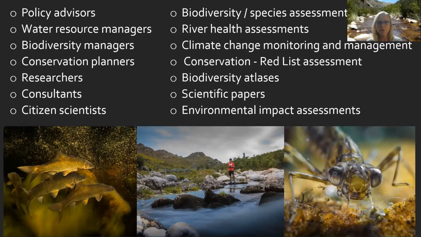It can be used for conservation, especially like red list assessments. Atlasing, we need to know which species occur in which parts of the country. Obviously, data is used for scientific papers, as well as things like environmental impact assessments. I'm just providing a few examples of the type of information and type of reporting that can be used with biodiversity data.